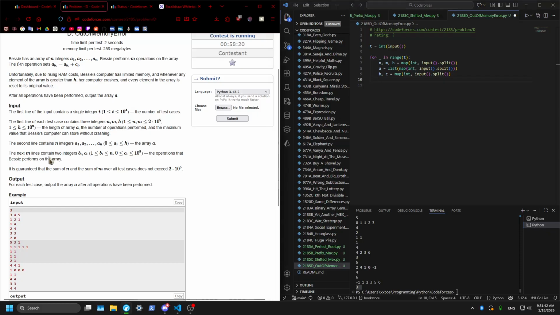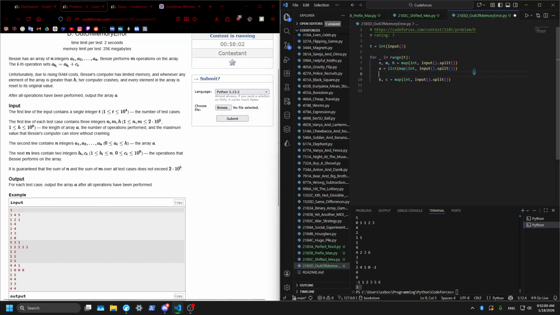And the next M lines contain. So we have a loop for test cases, an array, M lines, and H is the value you can store without crashing.